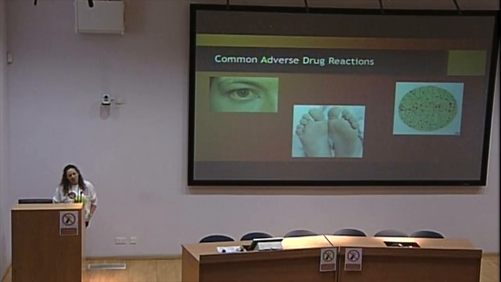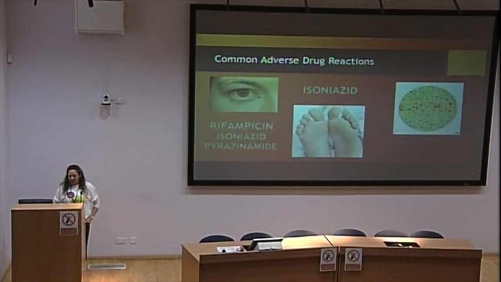They tend to complain of blurred vision if they complain of any visual disturbance. So isoniazid causes peripheral neuropathy and can cause arthralgia as well. Rifampicin, isoniazid, and pyrazinamide can all cause hepatotoxicity, and ethambutol, pure visual disturbance.